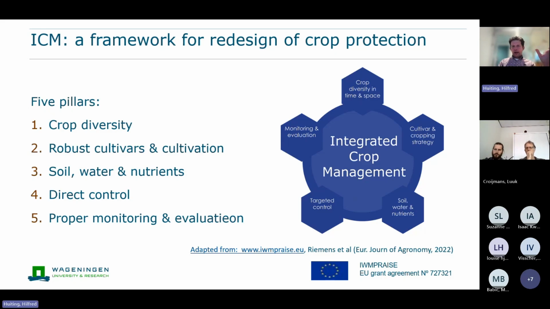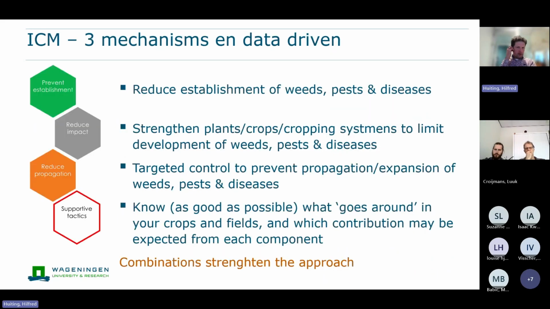And maybe one extra layer, in contrast to IPM, is that we have tried to categorize certain measures or components in the approach. So we distinguish prevention of buildup of weeds, pests, diseases, or any possible attack to the crop. And then another component is to try and create as strong crops as possible, or maybe not crops or plants but cropping systems, a key element that you work on strengthening.